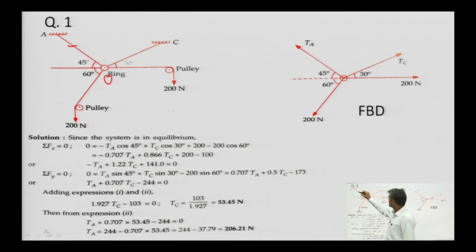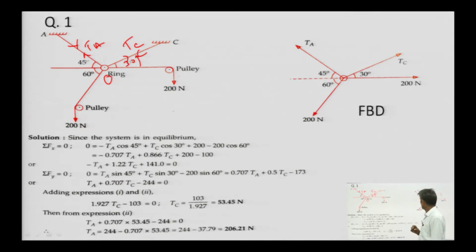Suppose this force is TA, and this tension is TC, TA and TC. This angle is 30 degrees. This angle is 30 degrees.